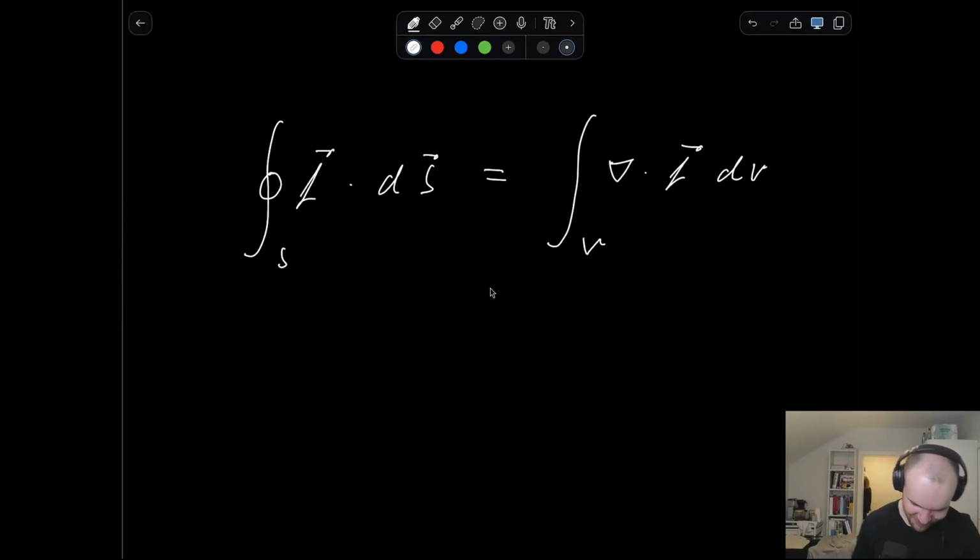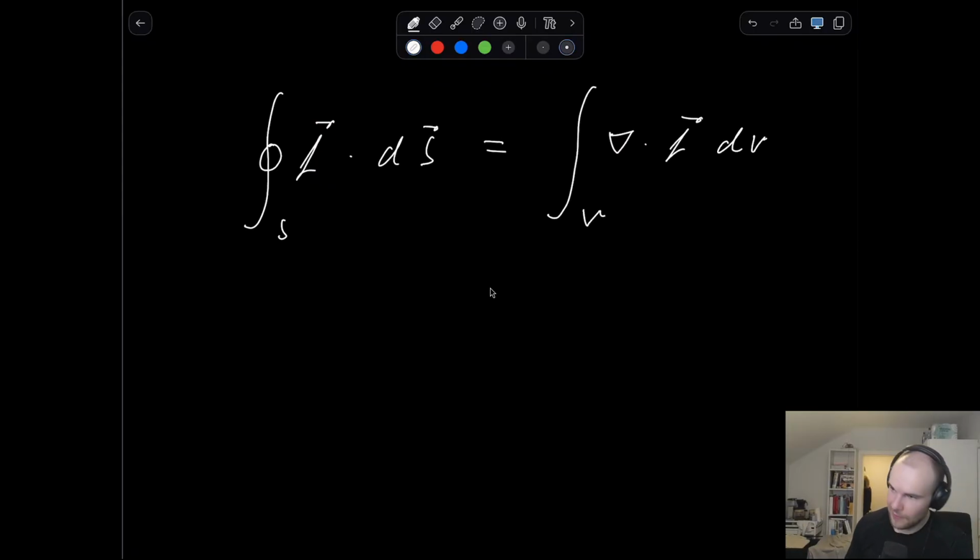Okay, perfect. So now let's do some intuition here. This formula is actually pretty easy to understand. It states that the total flux, which is the global property, is the same as collecting all the little pieces.